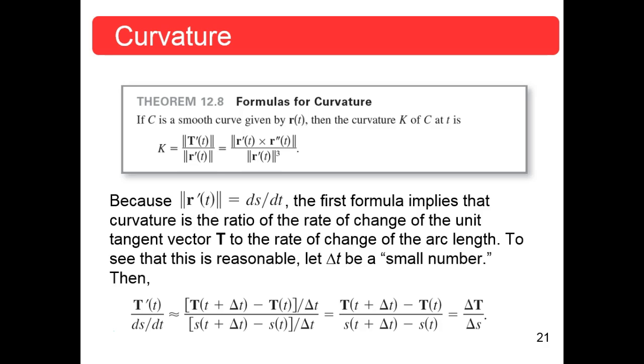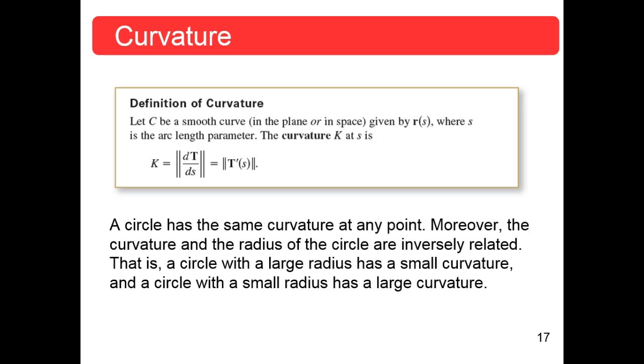That's the definition of the derivative of your arc length with respect to time. And since the delta t's are the same, that would be T at t plus delta t minus T at t, divided by s of t plus delta t minus s of t, and that basically is your change of unit tangent vector per change of arc length, which is exactly what we had here.